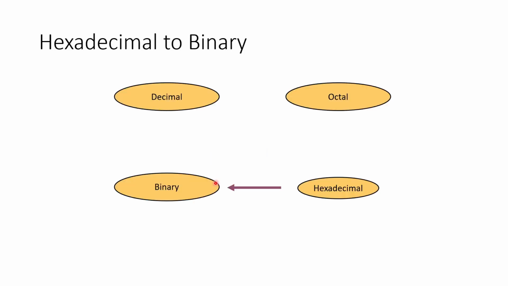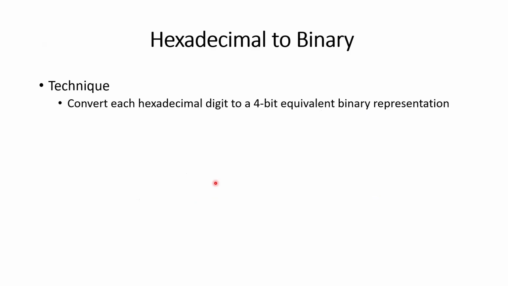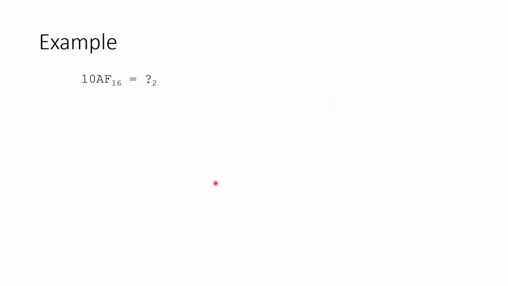Now we're going to see hexadecimal to binary. So the technique is to convert each hexadecimal digit to its 4-bit equivalent binary representation. And the example is 10AF. We have seen that 15 is equal to F, and 15 in binary is 1111.